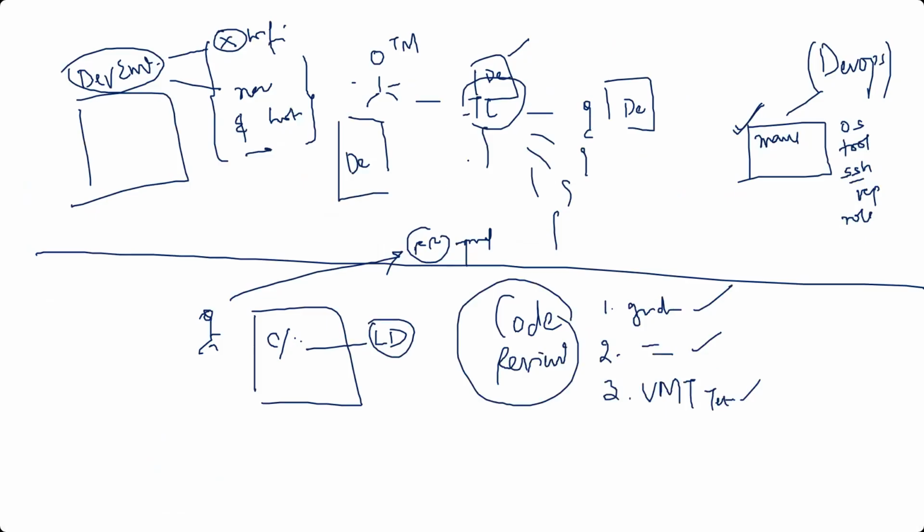They will remotely gain access to your dev environment, perform those checks, and then pass the code review. There are code review tools as well which will help you do this activity in an automated way, but assume that the team lead is doing this activity.